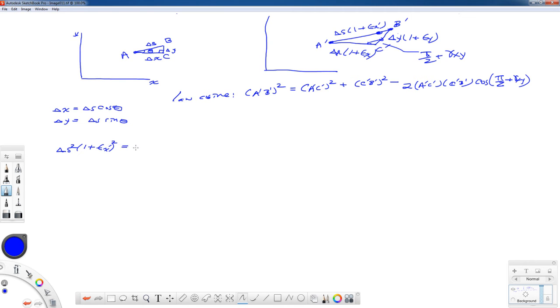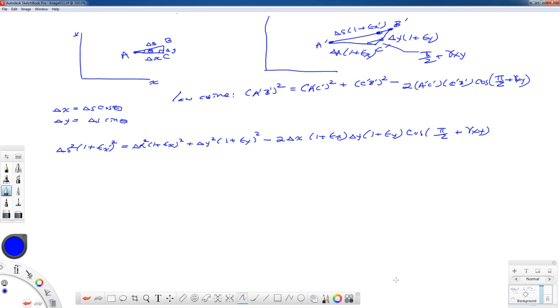Two shorter sides in that picture, delta x (1 plus epsilon x) squared, and delta y squared (1 plus epsilon y) quantity squared, minus 2 times delta x (1 plus epsilon x), delta y (1 plus epsilon y), and then we're going to have cosine, I'll just bring it down, pi over 2 plus gamma xy.